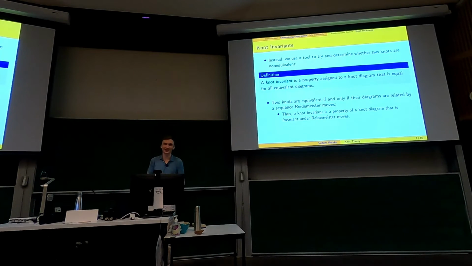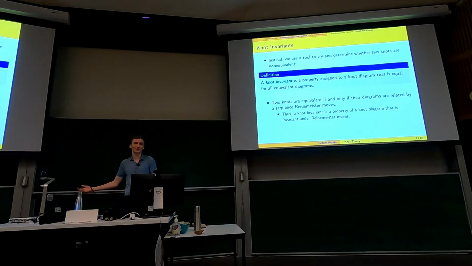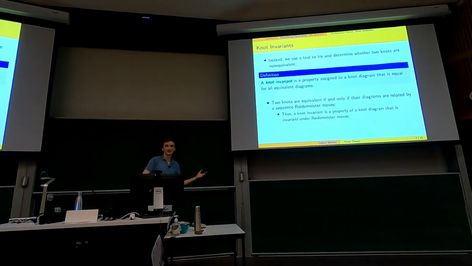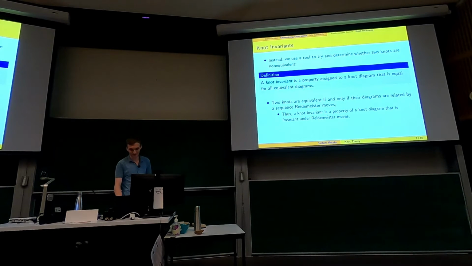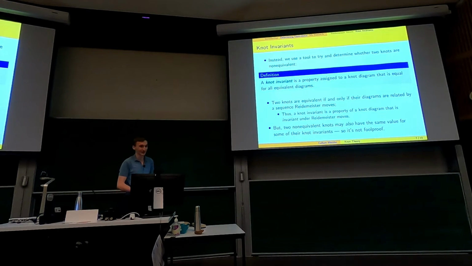Perhaps there are other knots that are also happy. We're not saying that any happy knot is equivalent to any other happy knot, but what we are saying is that any two equivalent knots will be either both happy or both sad, for example. Just because two knots are happy doesn't necessarily mean they're equivalent.